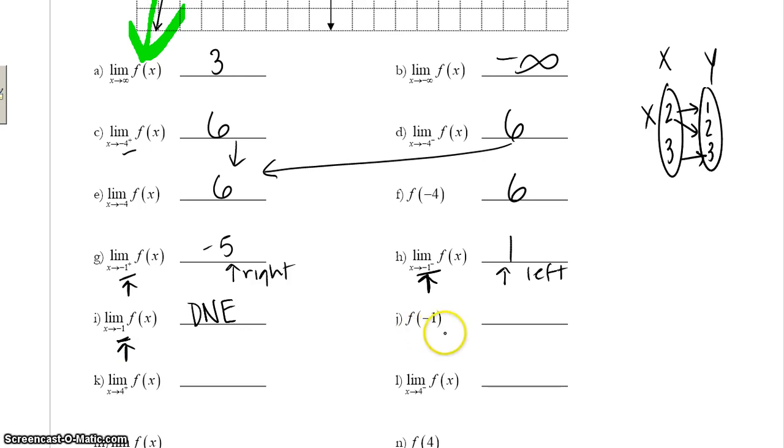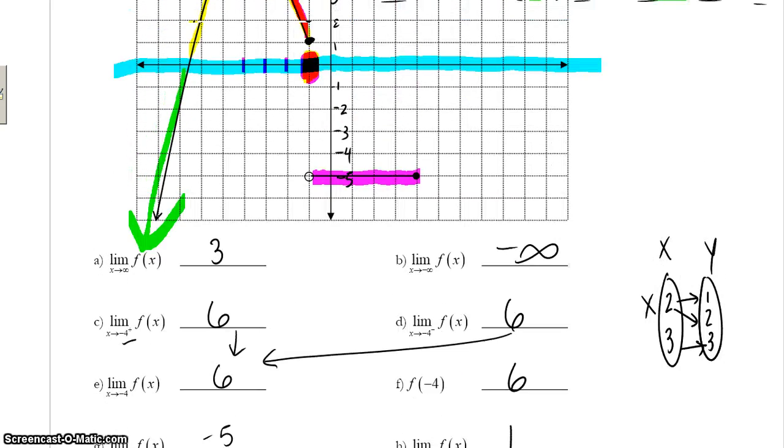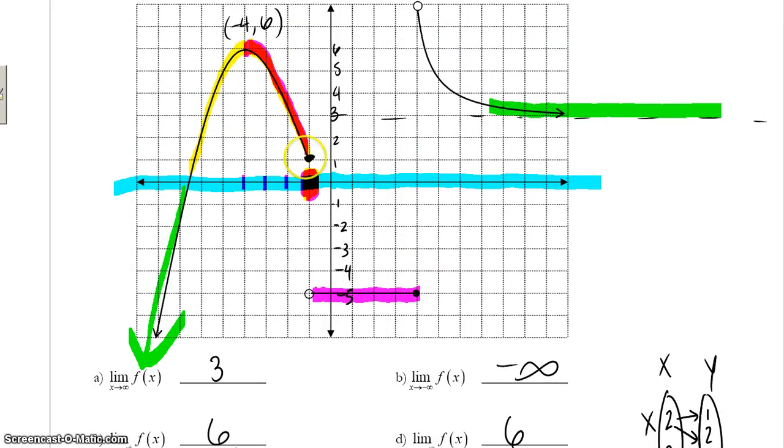So, f of negative 1, however, it looks like we have two values, right? There's one right here and there's one right here, but which one is f at negative 1? So when x is negative 1, f of x is actually 1. We're going to use this value because this hole, when it's black, when it's filled in, that means that it's included.